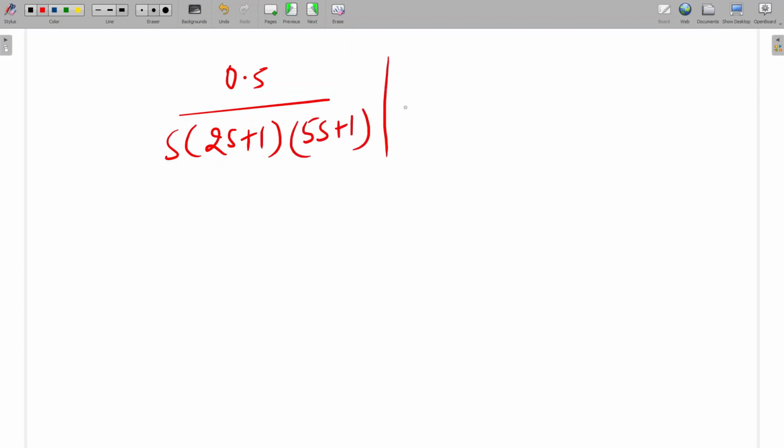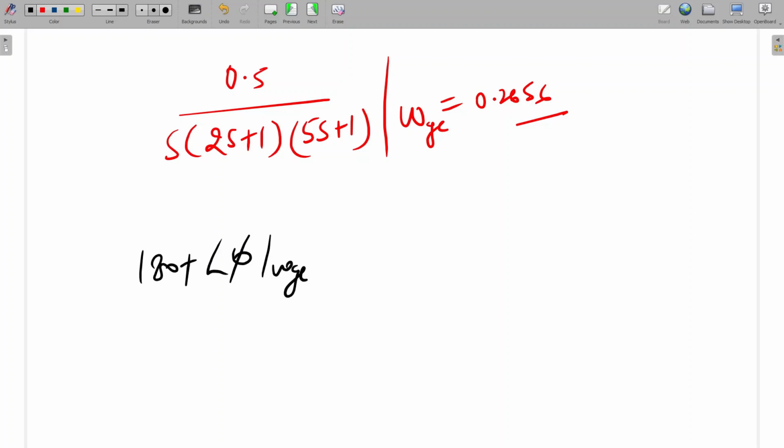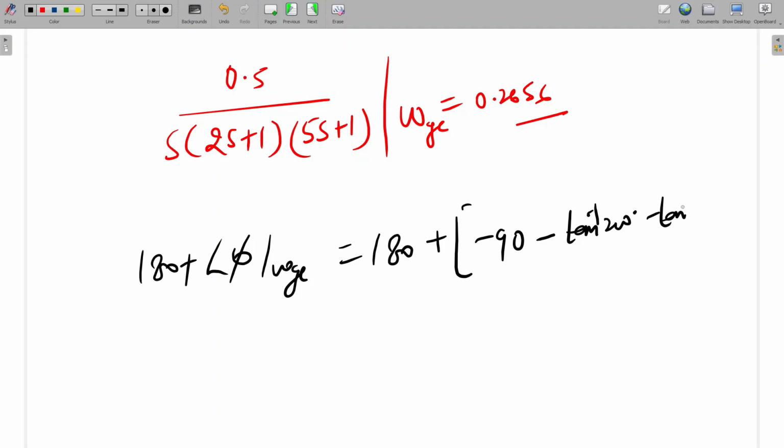And our omega GC is 0.2656. So the phase margin will be 180 plus phase at omega GC, which is 180 minus 90 minus tan inverse 2 omega minus tan inverse 5 omega, with omega equal to 0.2656.